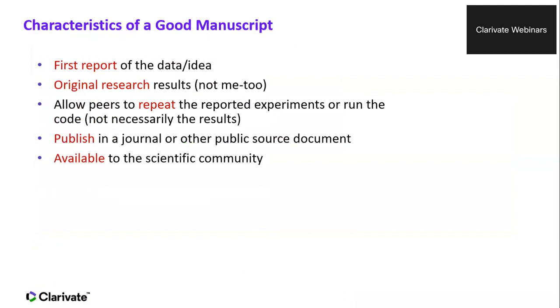Another thing is that it should be published in a public source document and available to the scientific community. That goes without saying. It is the duty or the obligation of a scientist to make a timely report of the work.